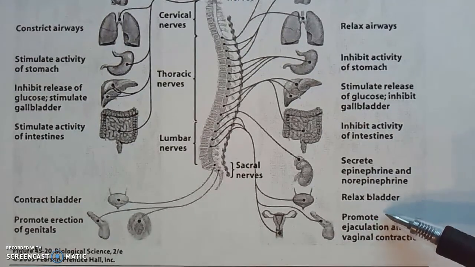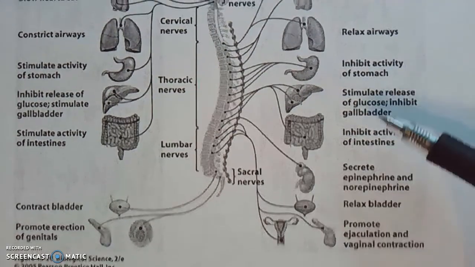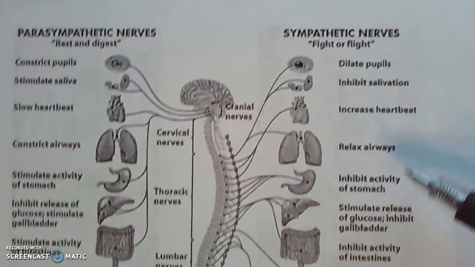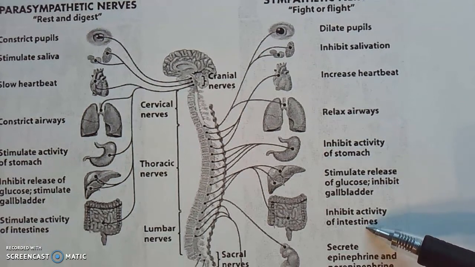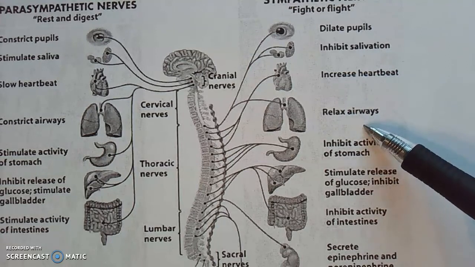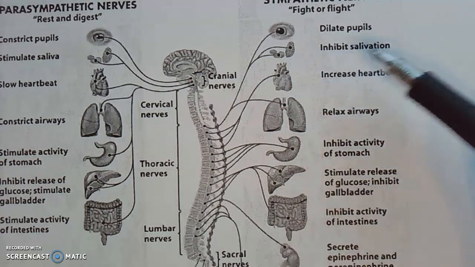So it allows the body to do different things to prepare for activity. By inhibiting activity of the intestines, the blood supply can be more directed to the muscles. Increasing the heartbeat and relaxing the airways gets more oxygen to the muscles to function.